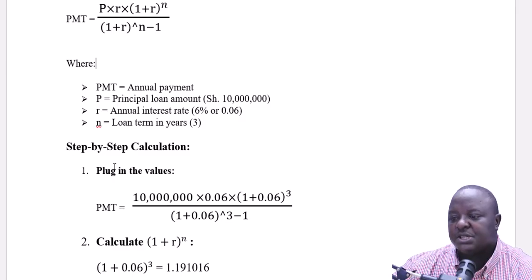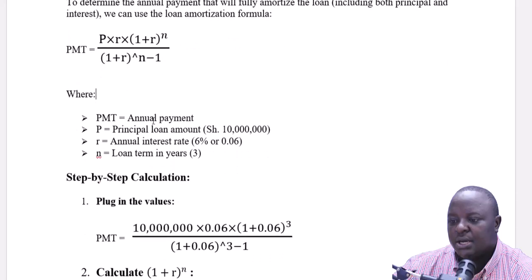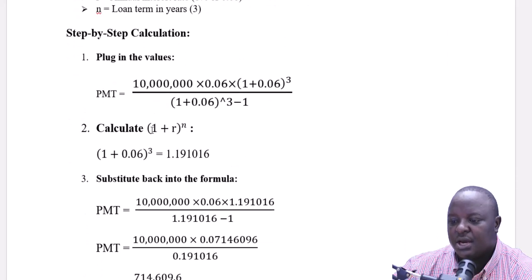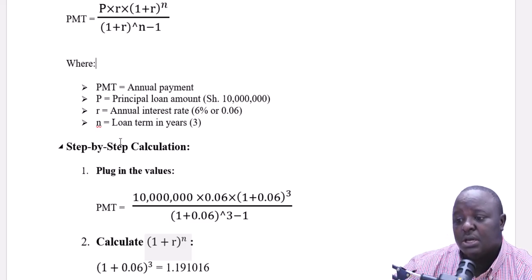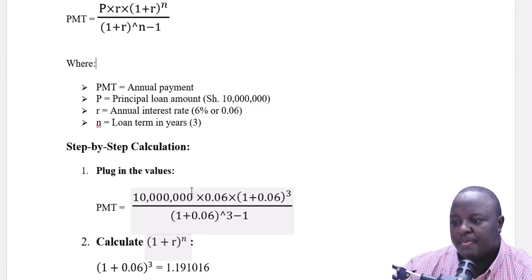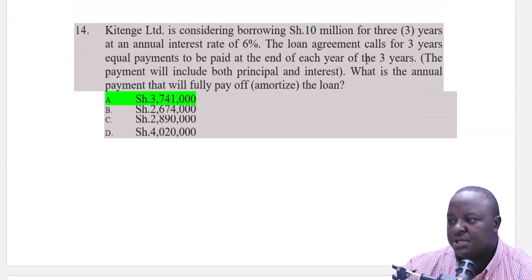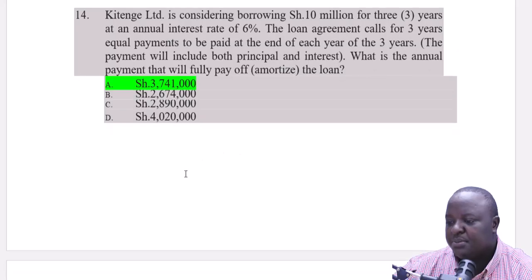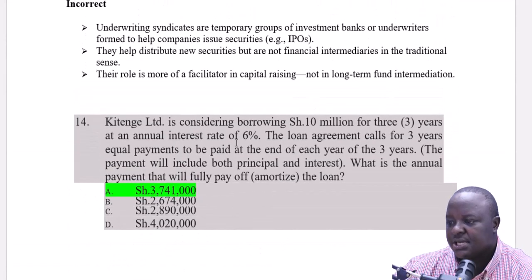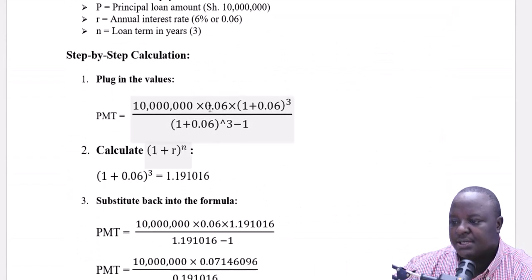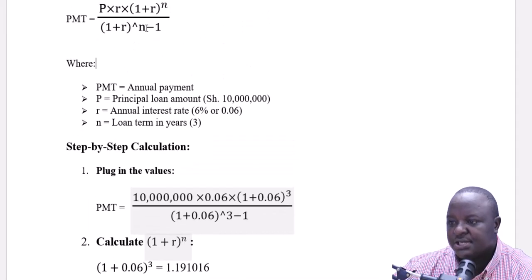Now, step-by-step calculations, we start by plugging in the values. We are looking for the annual payment that is supposed to be paid in amortization. We start with the principal. The loan borrowed is 10 million. The annual interest is 6%, so times 0.06 according to the formula.